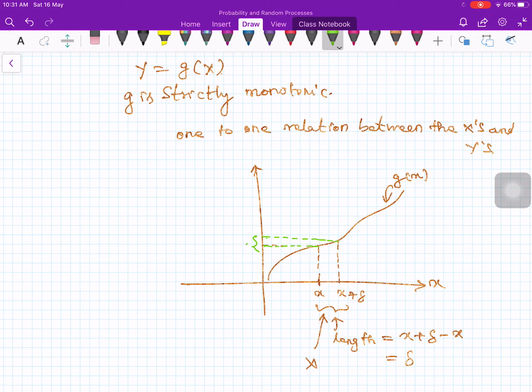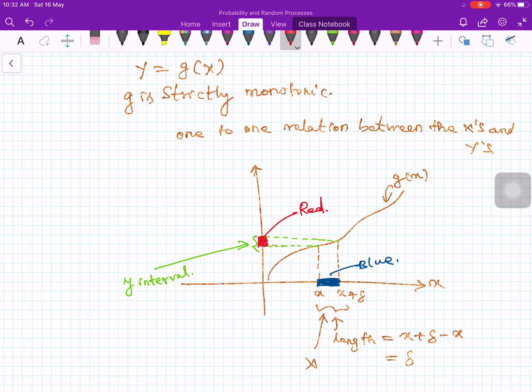This is the corresponding y interval, and its length is what we need to find out. Let me call the first interval the blue interval, and this one the red interval.